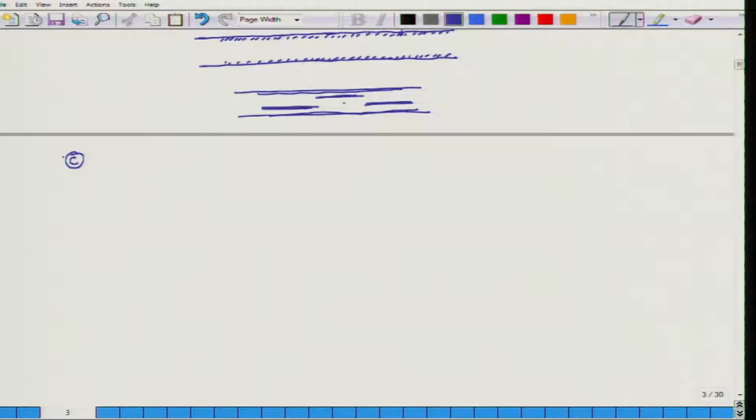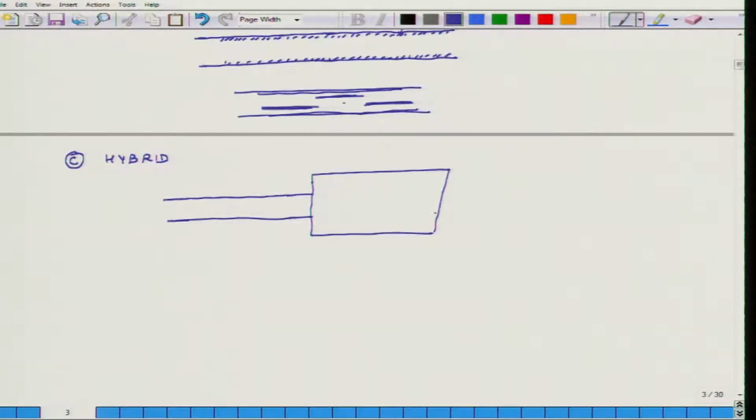Then the third category could be hybrid mufflers. Hybrid mufflers. So, I will just show you. So, in hybrid mufflers we rely on both reactance or reflection of the sound energy as well as absorption. So, in these type of mufflers you can still have a topology like this.